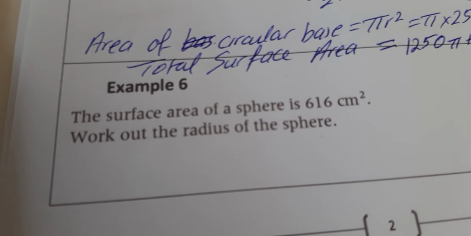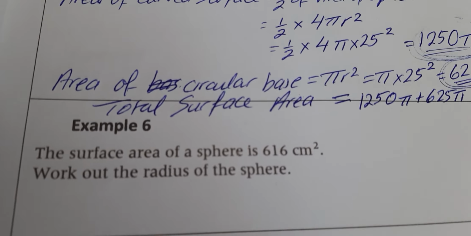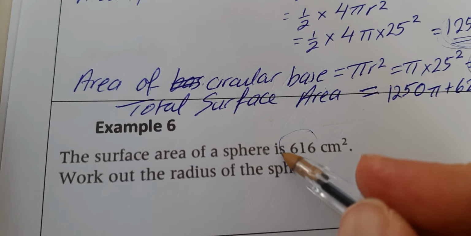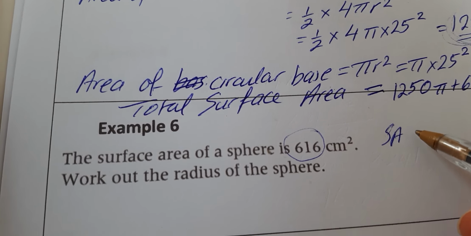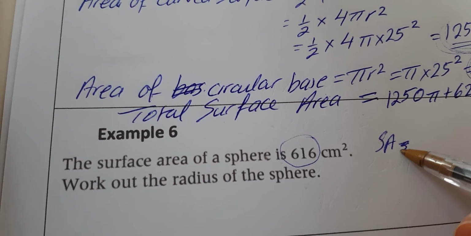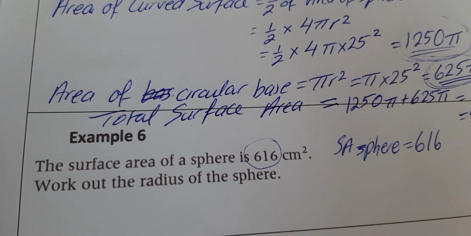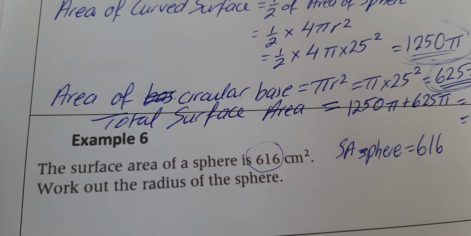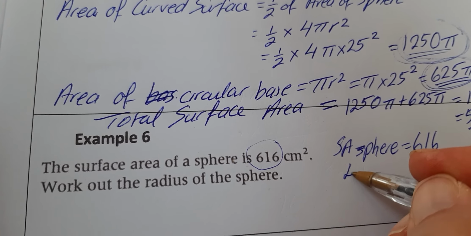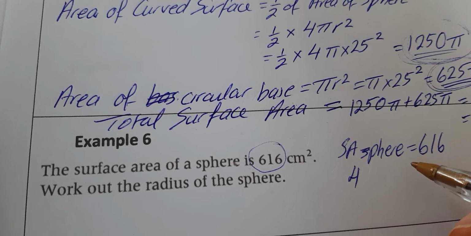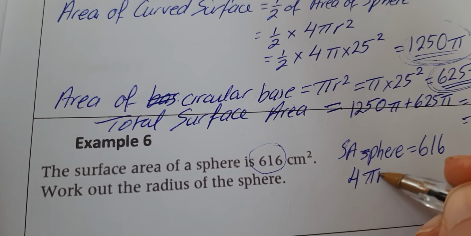Okay, moving on to example 6. Here we're given the surface area of a sphere. So the surface area of a sphere is 616 centimeters squared. The surface area of a sphere, we have a formula for that, is 4 pi r squared.